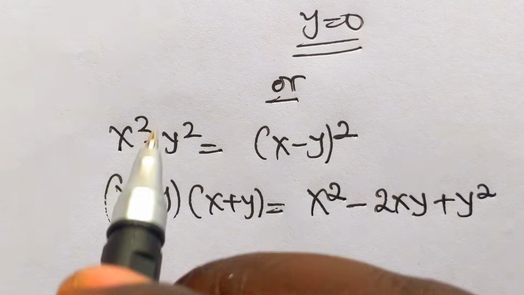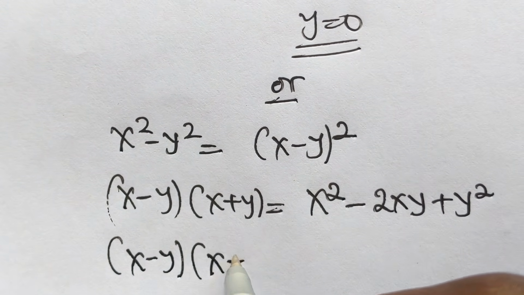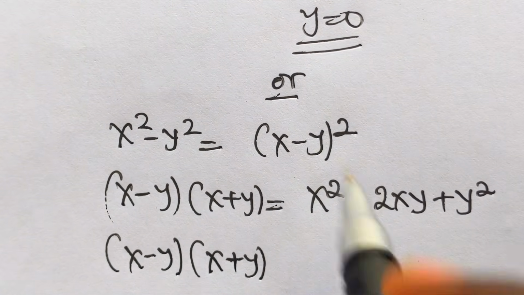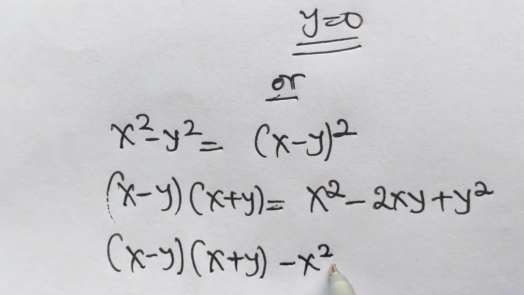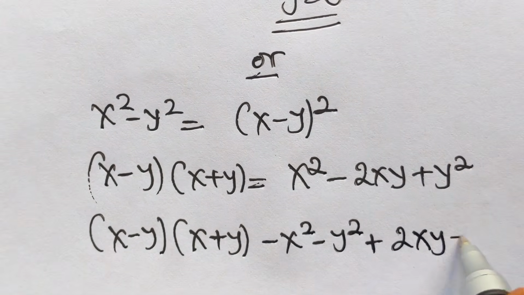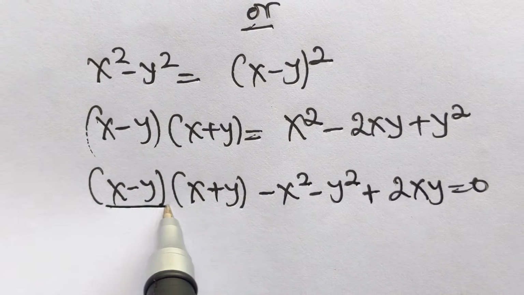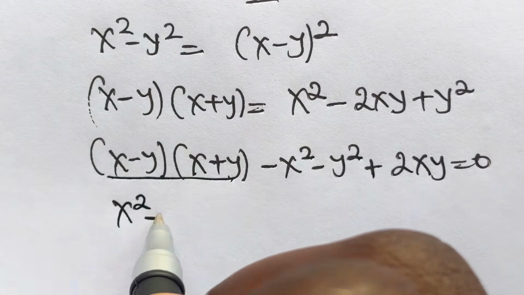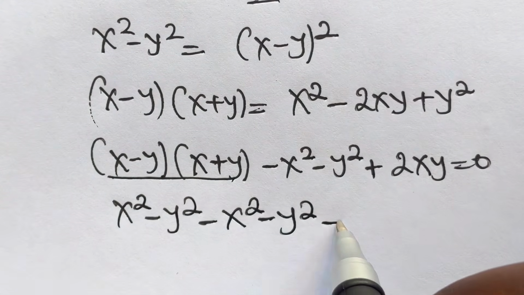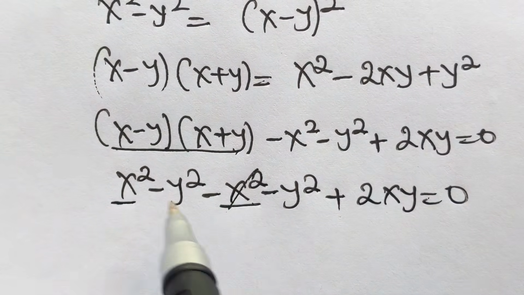Then by grouping like terms, x squared minus y squared minus x squared minus y squared plus 2xy will be 0, right? Of course this one and this will be cancelled.